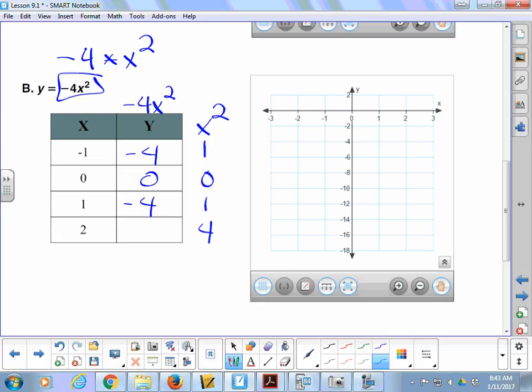And negative 4 times 4 is negative 16. So you just focus on the parent function, y equals x squared, and then what am I doing to that? Just multiplying those y values by some constant. And then graph them.